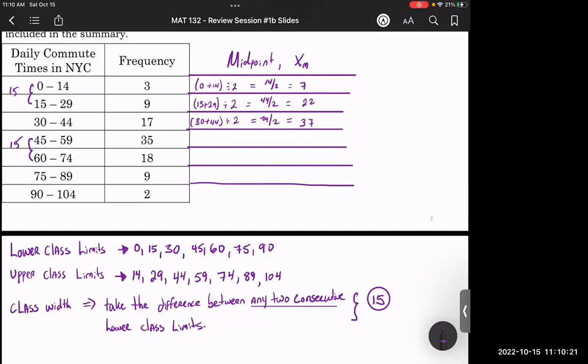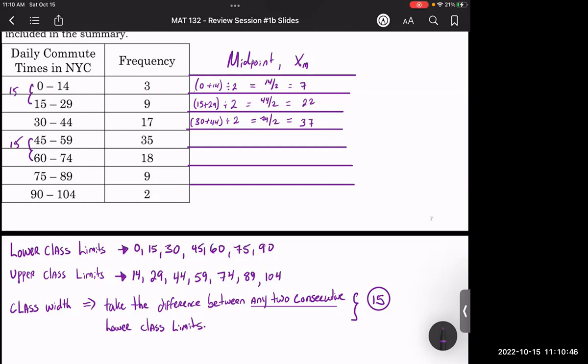If you look at these first 3 classes, we got their class midpoints. Do you see a pattern? We started with 7, then 22, then 37. We're going up by 15s. Where did we see the number 15 before? Our class width.